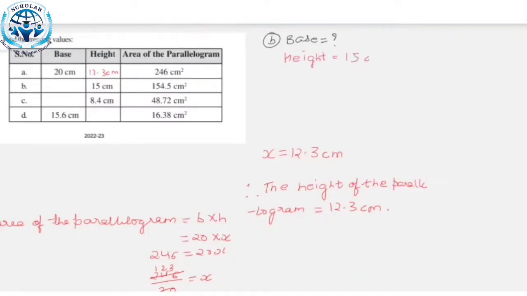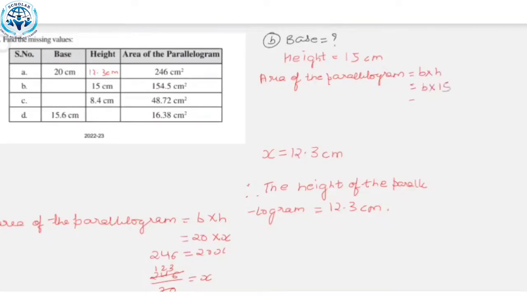In the second, height is 15 centimeter, base is not given. We will put the values in the formula, area of the parallelogram, base into height. 15b is equal to 154.5.